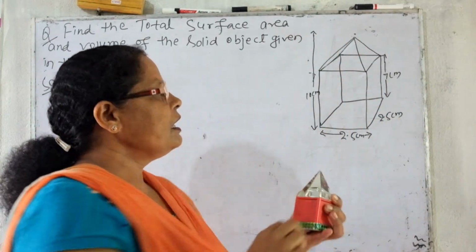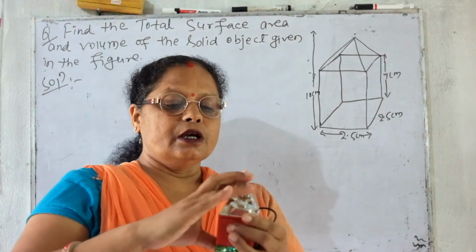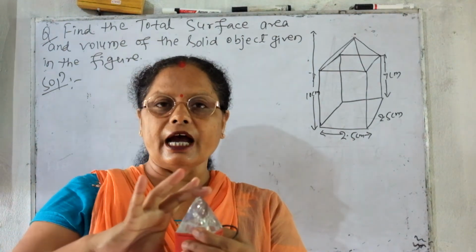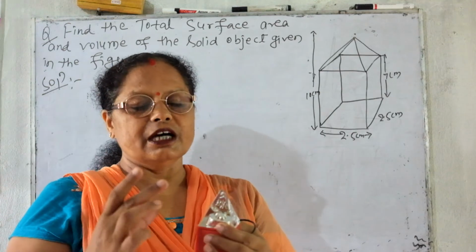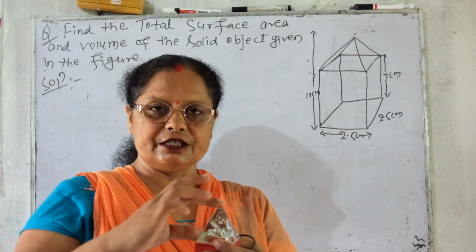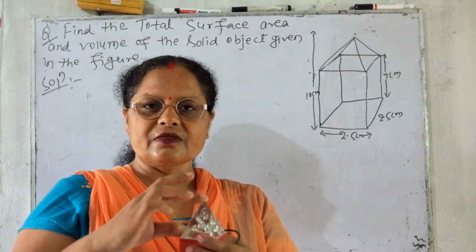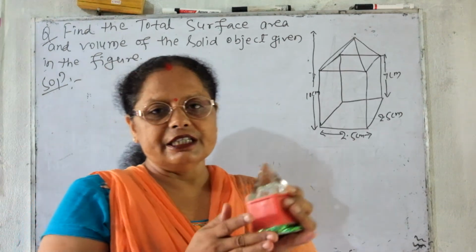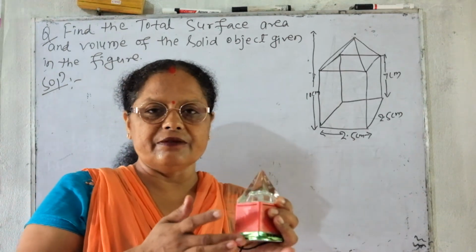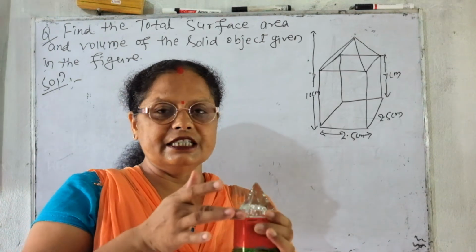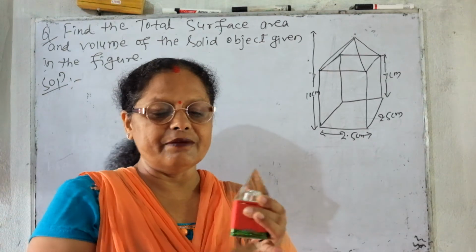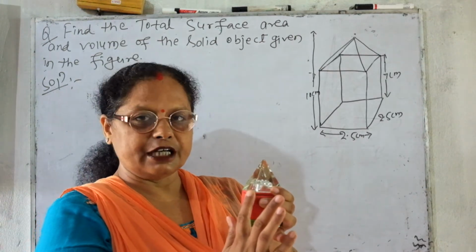If we subtract the height of the cuboid from the total height of the solid, that will be the height of the pyramid. Is it okay? Let's see once more. The length is 2.5, the breadth is also 2.5, and the height is 7 centimeter.